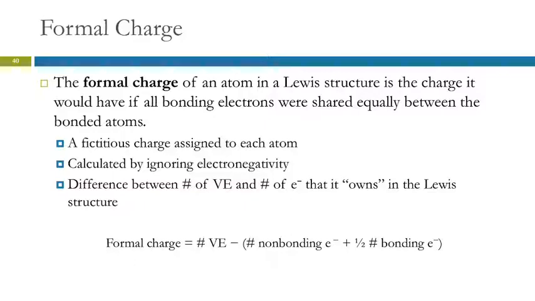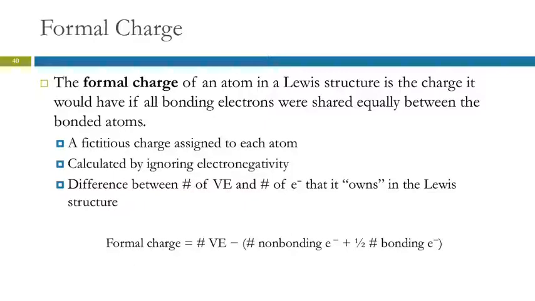They're not actual charges. So these are made-up charges that we assign to each atom, and it's the charge that an atom would have if all the bonding electrons were equally shared between the bonded atoms. And we don't consider electronegativity when we're doing this.